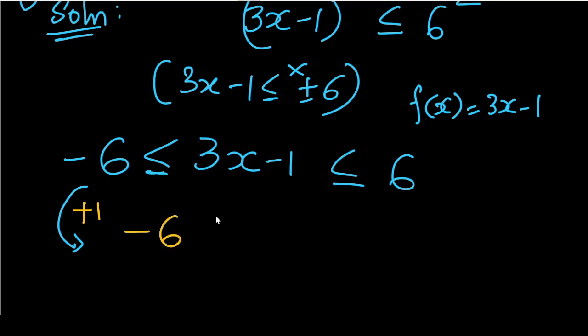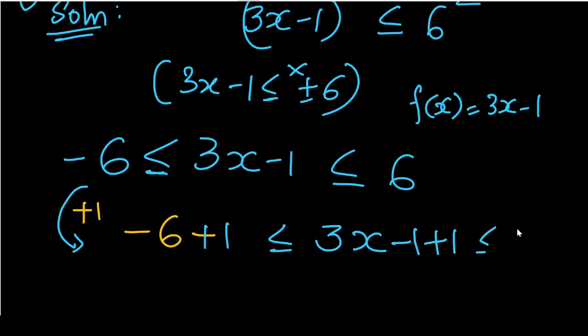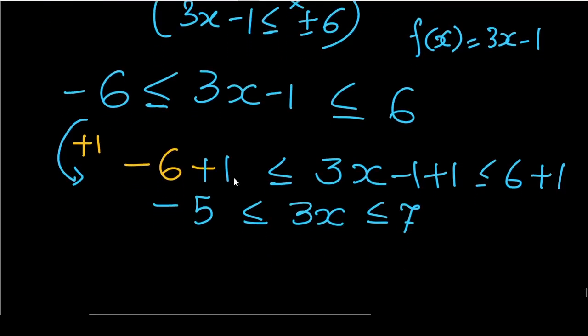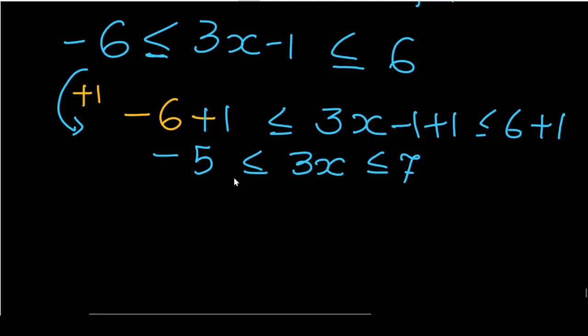Minus 6 plus 1 less than or equal to 3x minus 1 plus 1 less than or equal to 6 plus 1. So yes, when we add 1, it becomes minus 6 plus 1, minus 5, minus 1 plus 1 gets cancelled, 6 plus 1 becomes 7.